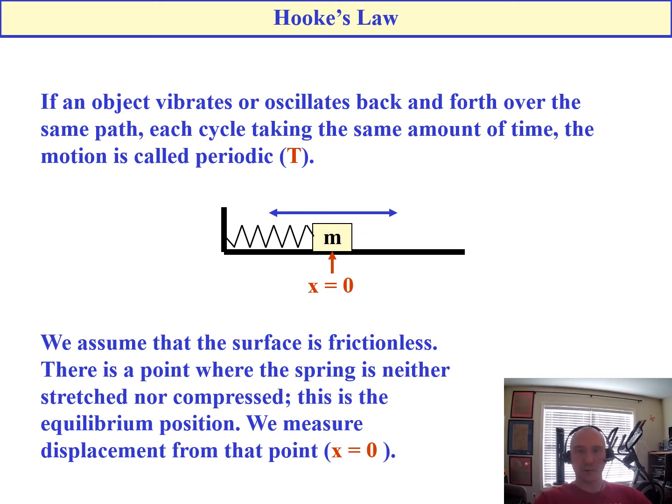And as it moves forward, the spring starts pulling back. When the spring stops it at this end and pulls it back, it's not moving, but we have a force being applied to it. By the time it gets back to this equilibrium position, it's moving again, but there's no force. And as it goes past it, we have a force with no motion. So we get this oscillation back and forth where we have motion and then no motion, and so on and so on.